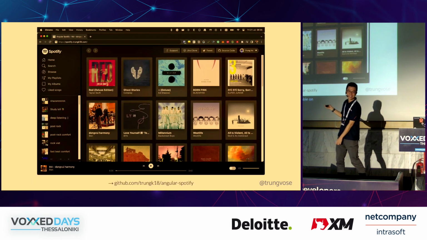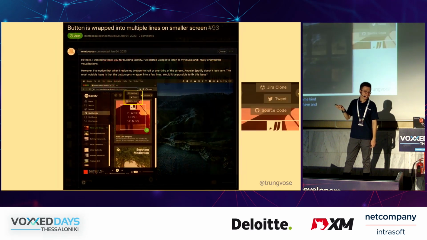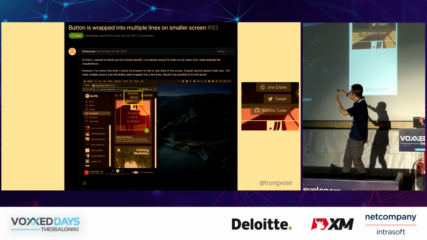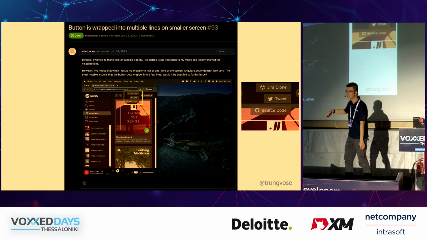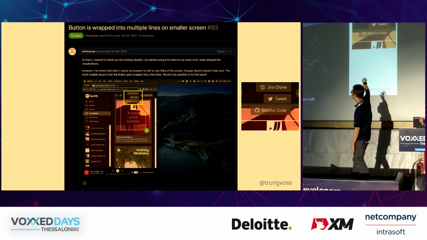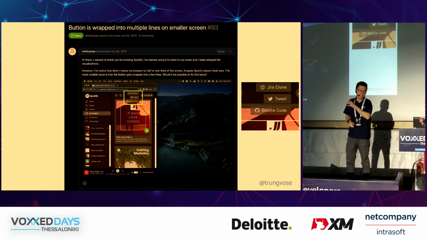So we look into the same kind of music player that we have, and I think the text is very small, but you don't have to look into it. Someone complained that the button, when the screen size is smaller, just wraps. It doesn't look good. But that's not what caught my eye; I fixed it kind of easily.